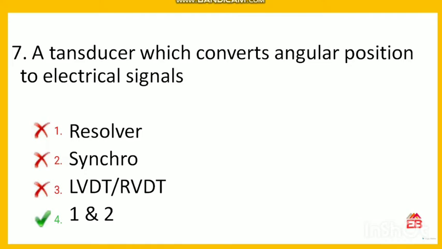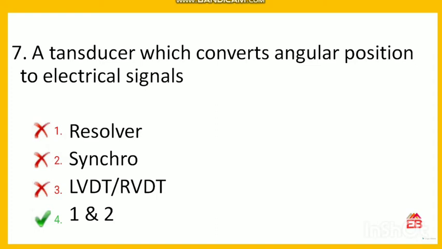Next is a transducer which converts angular position to electrical signals. So the options are resolver, synchro, LVDT or RVDT, or option 1 or 2. So the correct option is option 4, 1 and 2. So resolver and synchro are the transducers which convert the angular position of any equipment to the electrical signals.